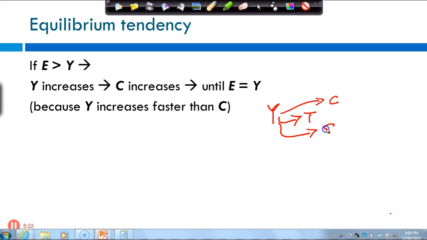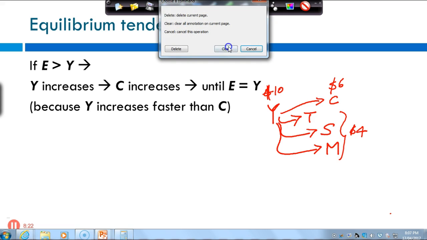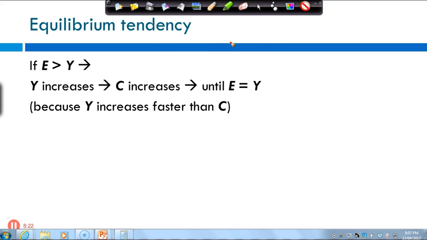Some of it is saved, and some of it is spent on imports. So although income increases by, say, 10, consumption might increase by, say, only 6. Because the rest of the income goes on taxes, savings, and imports, for example. Okay, so far so good.